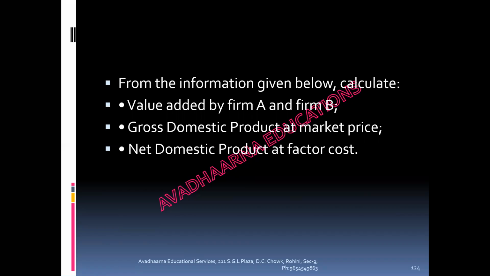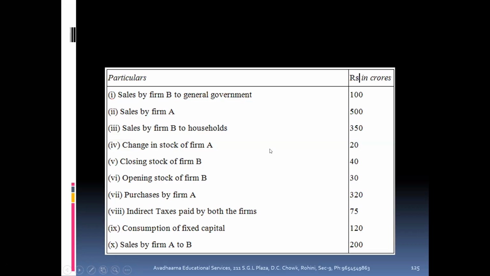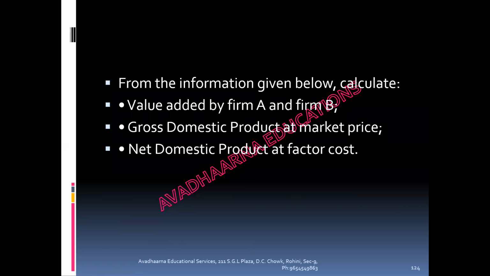And then we want to calculate net domestic product at factor cost. So for that, we are going to subtract depreciation and net indirect taxes from GDP at MP. Fine.